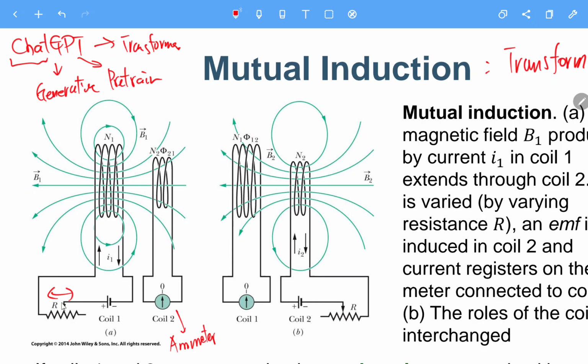As this resistance is tuned, there will be induced EMF. This phenomenon is called mutual inductance. Previously we talked about self-inductance, 自感应. This one is called 互感应.